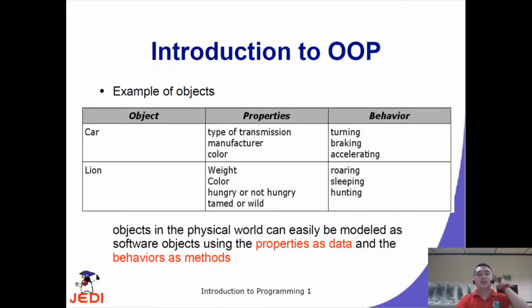So an example of an object would be a car, and as I mentioned earlier, it is characterized by properties and behavior. Its properties include type of transmission, manufacturer, and color.